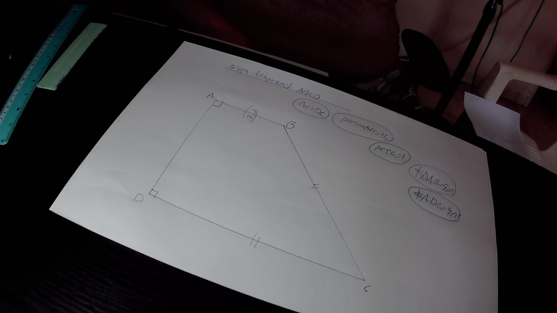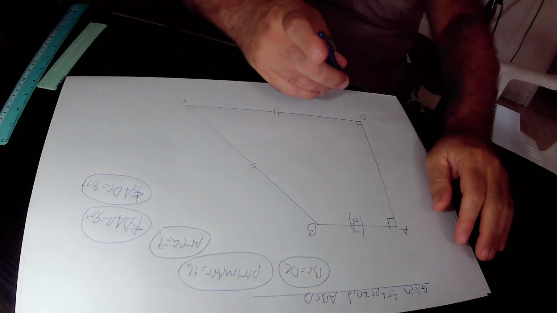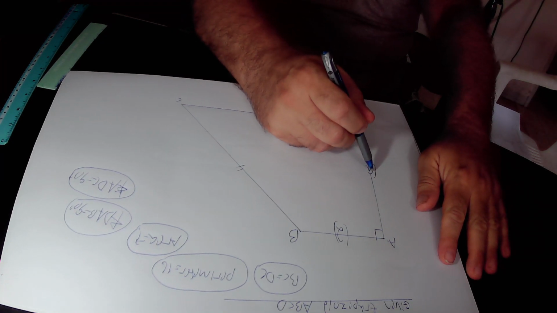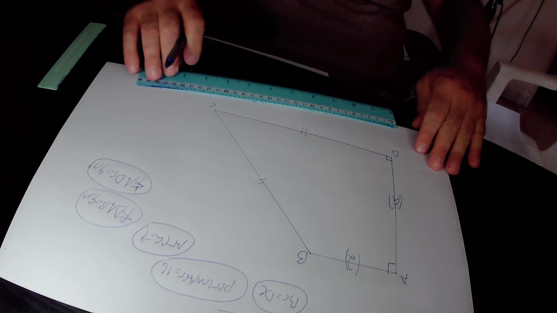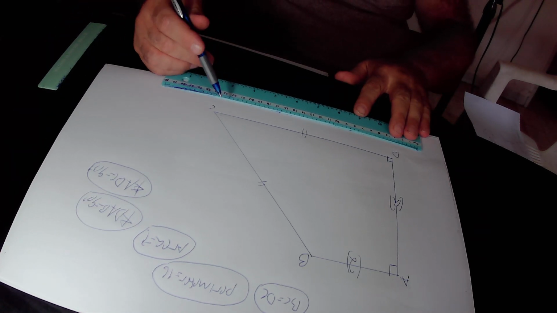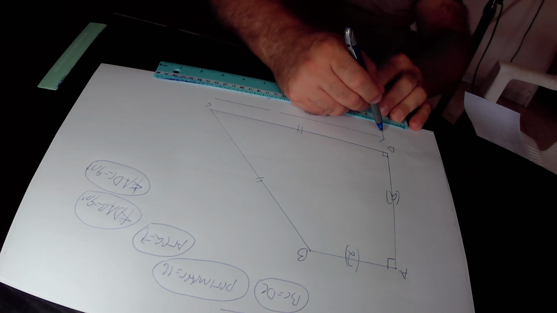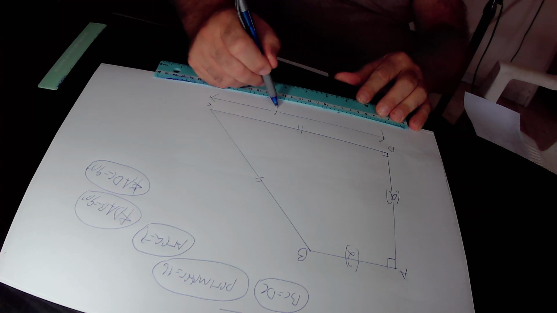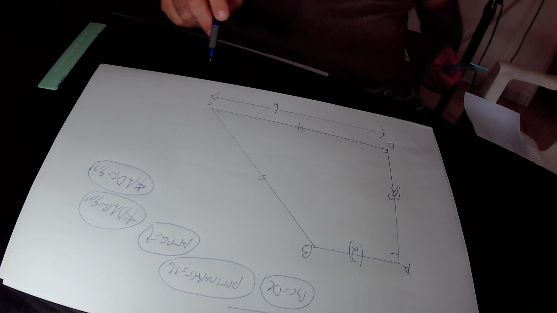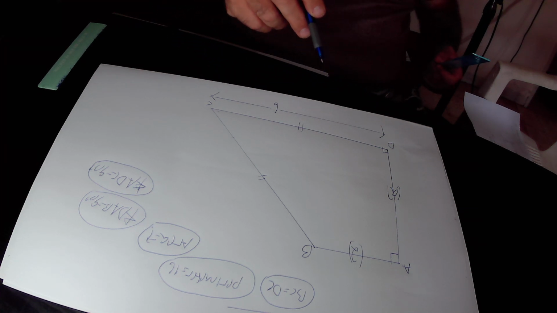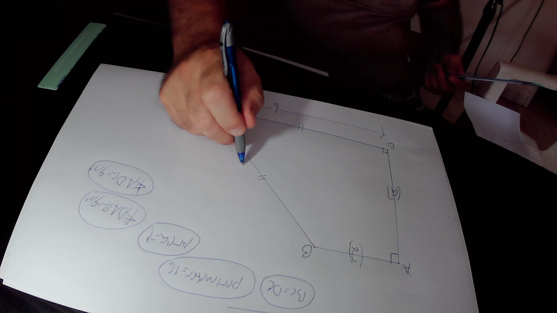So we define the length of side AD as A, and we define the length of side DC as B. Because DC equals BC according to the question, and DC is B, therefore BC must also be B units in length.